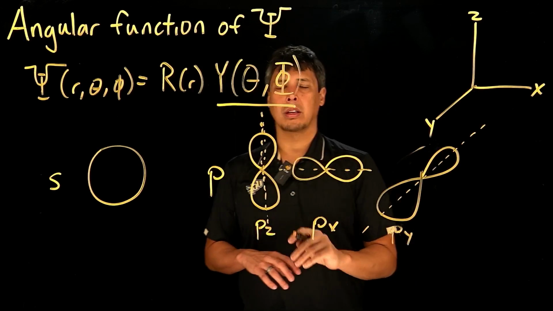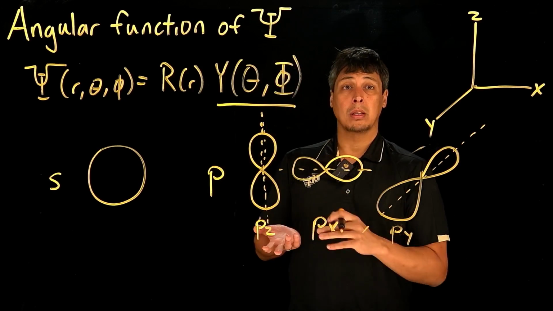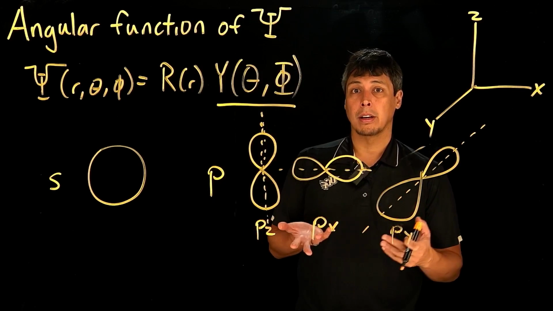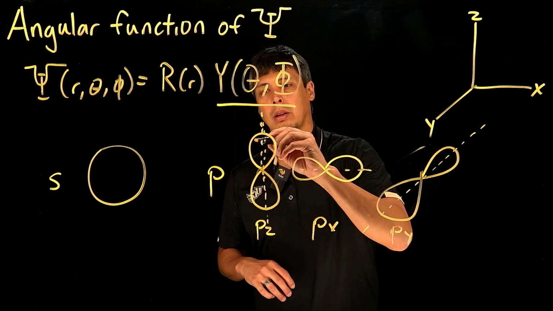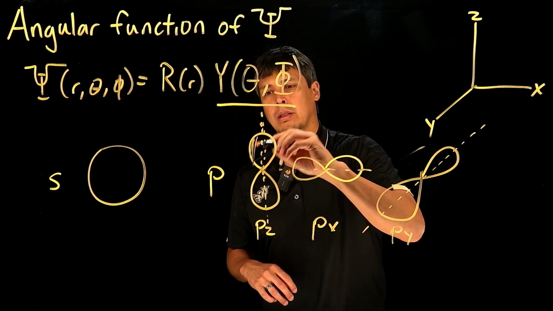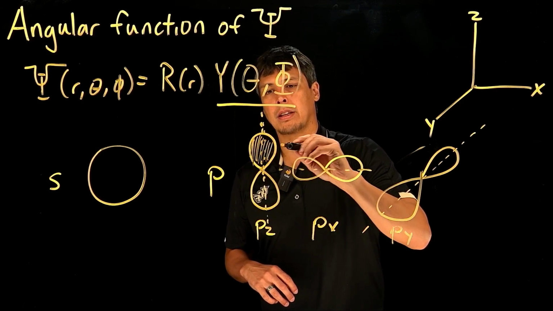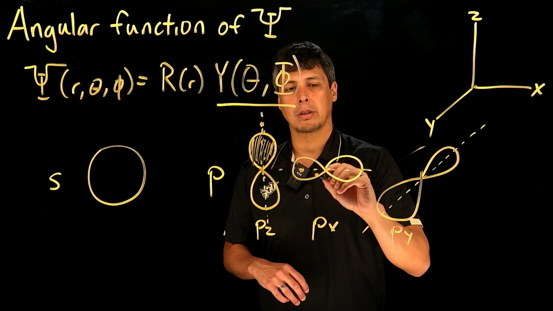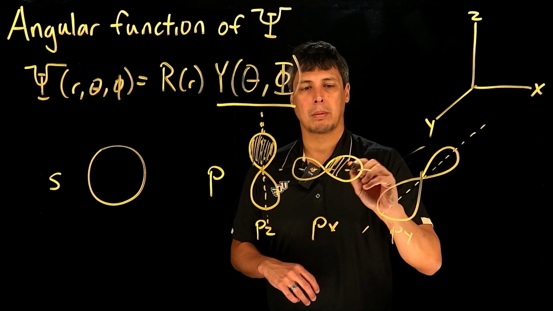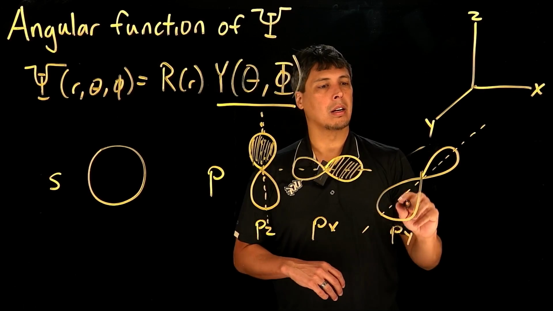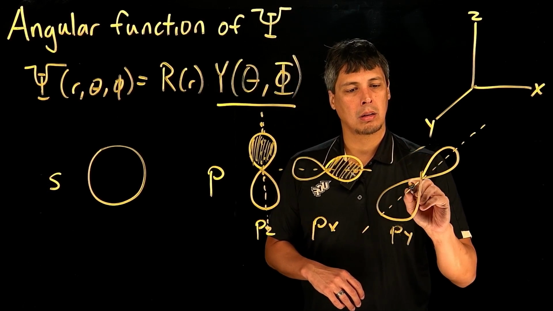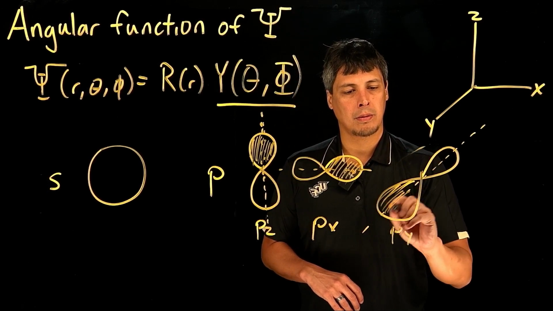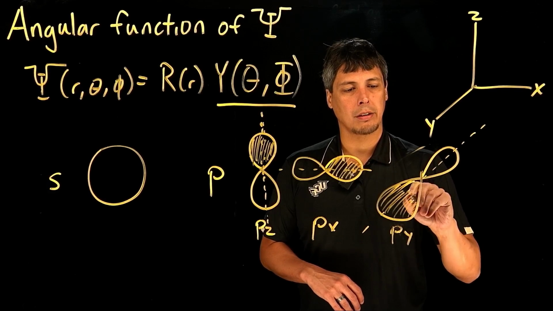Now, one thing that we'll point out here is that with these p orbitals, we also have different phases of the orbital. And so we have, for instance, a positive and a negative phase, and so we'll call this shaded region the positive phase, and then we'll call the unshaded region the negative phase.